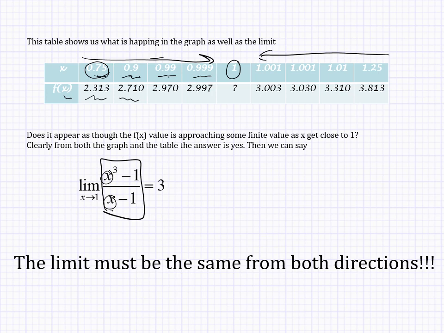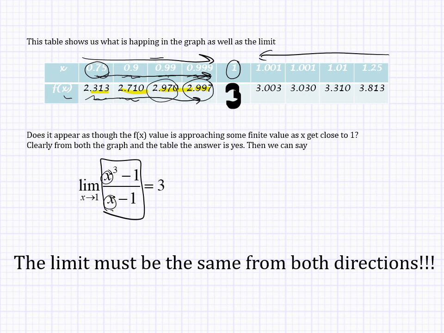So each one of these x values, this is the y value that goes along with it. This x, this is the y. And so as x is getting closer and closer to 1 from values smaller than it, these are the corresponding y values. Well, if you look at each one of these y values, those y values are getting closer and closer to a particular number, specifically 3.